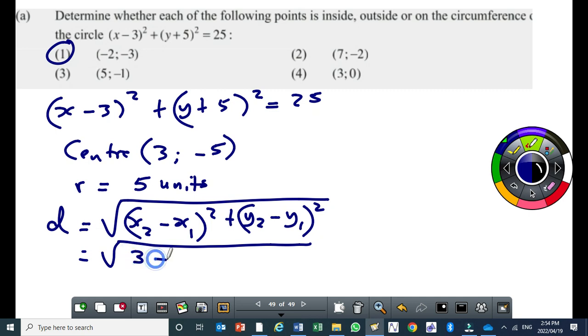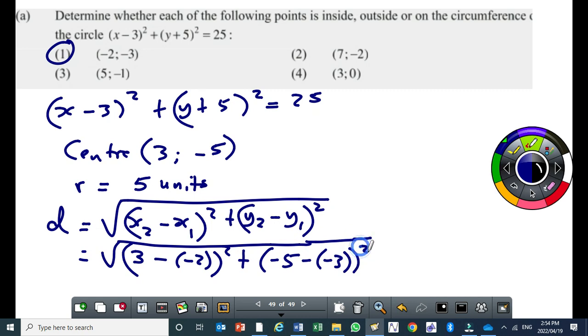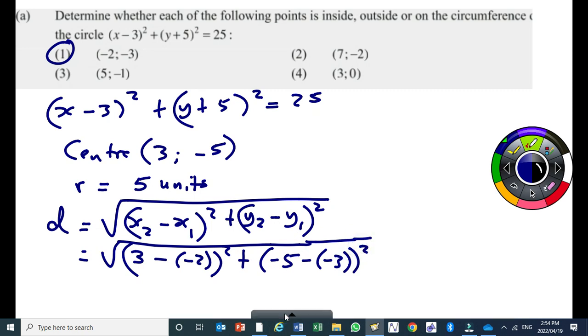So this will be 3 minus 2 squared plus minus 5 minus 3 squared. Okay, if you simplify this, this will give you 5 squared and that will give you minus 2 squared. So you end up having the square root of 25 plus 4, okay, which gives you the square root of 29. Are you following that?